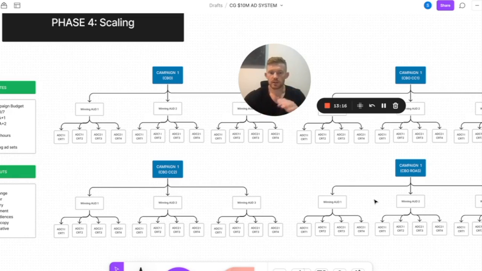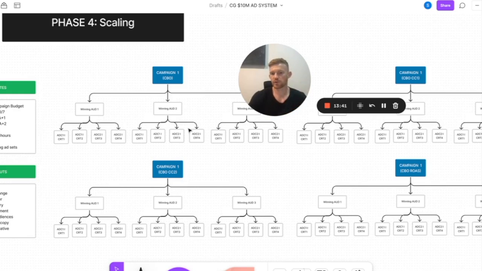Now note that in these 4 campaigns, it's the exact same audiences and ads. So we were able to do 4 scaling campaigns just based off 3 winning ad sets. Now, if you've got 12 winning ad sets, you can create 4 campaigns for each one. So it's 4 times 4, which is 16.